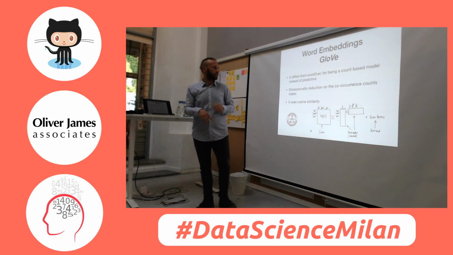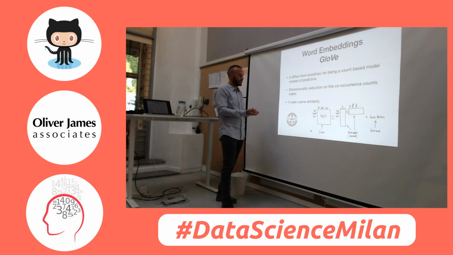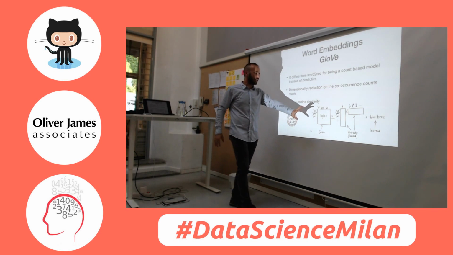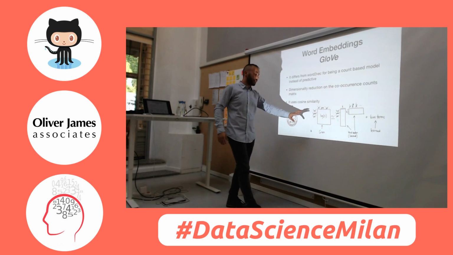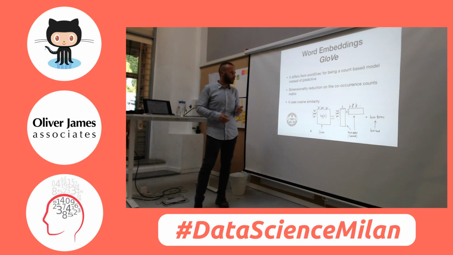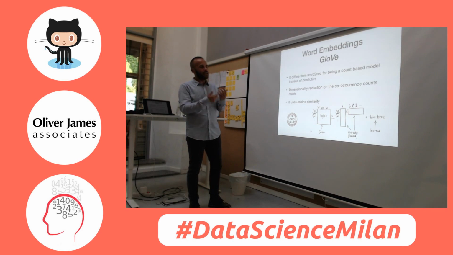So that's what the co-occurrence matrix does. We're kind of doing the same thing, but we're keeping these co-occurrence counts to give us a boost in terms of speed of computation.